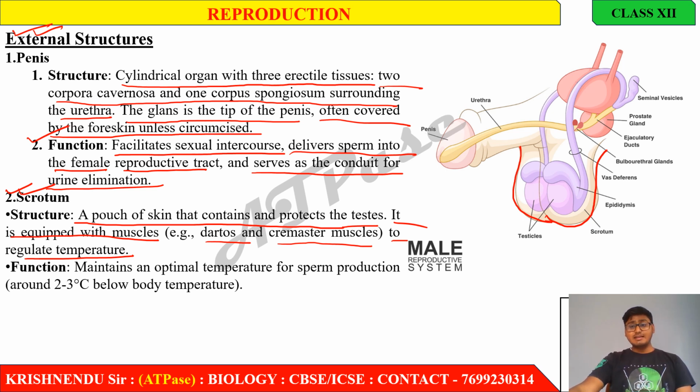Have you ever heard about this disease, cryptorchidism? Cryptorchidism mainly happens when the testis does not come out from our body to the external surface. It remains inside the abdominal cavity, and that affects the temperature of the testis.